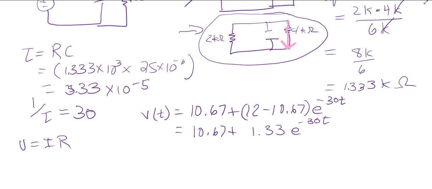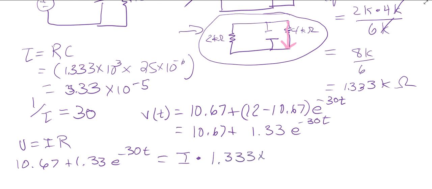So our capacitor during this time period is our voltage source. So V is 10.67 plus 1.33 e to the minus 30,000t. And that equals I, which is what we're looking for, times the resistance, which was 1.333 times 10 to the third ohms.